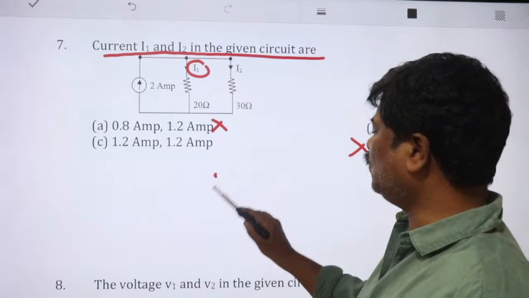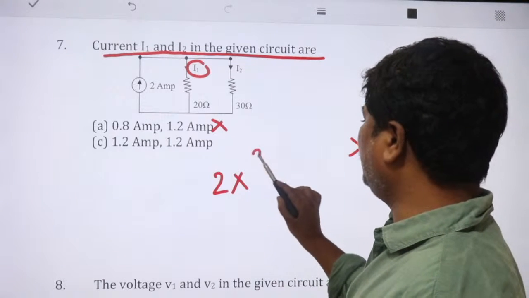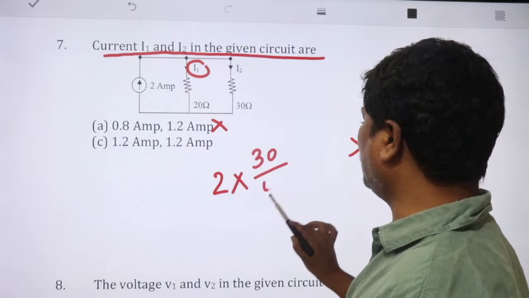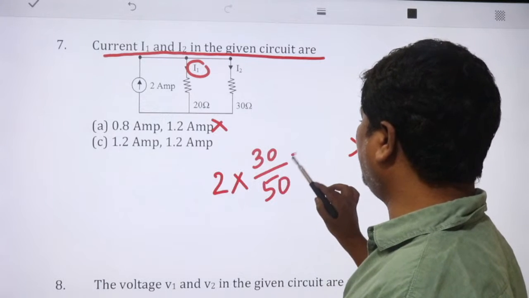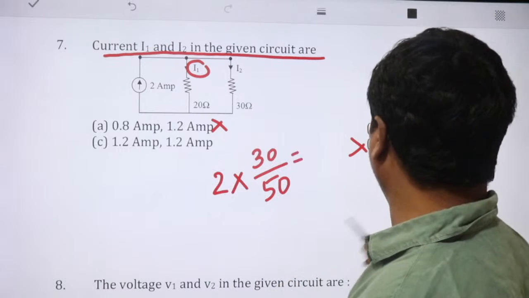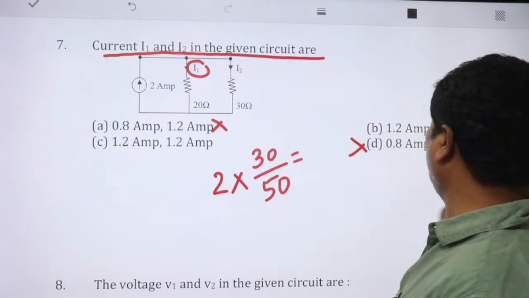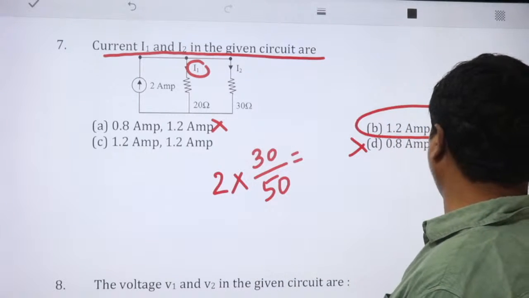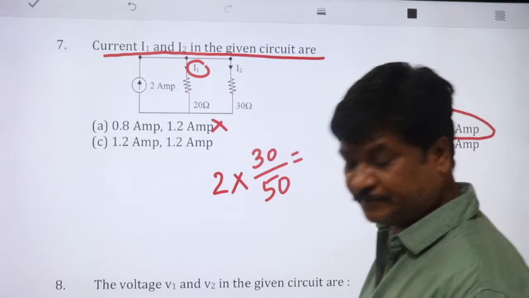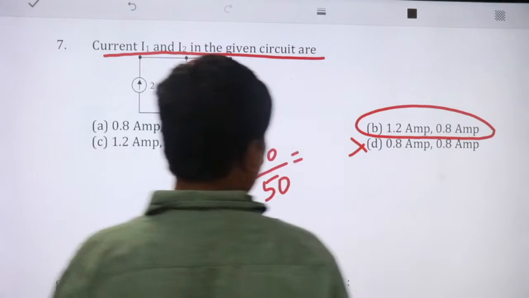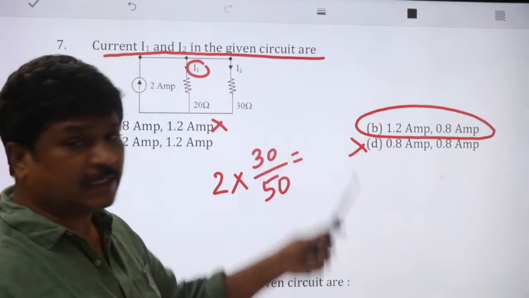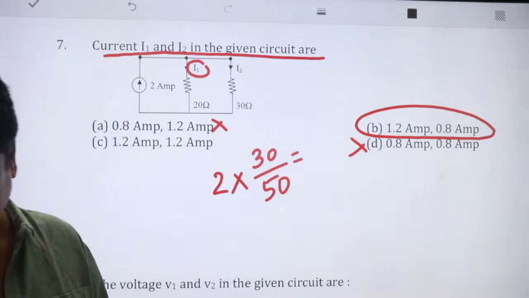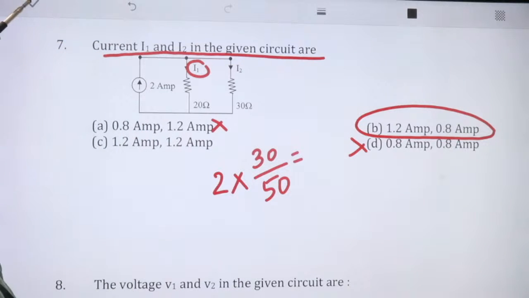So 2 into 30 by 50, current divider formula. 60 by 50, 1.2, and 0.8. 1.2 and 0.8 is the right answer. Current division.